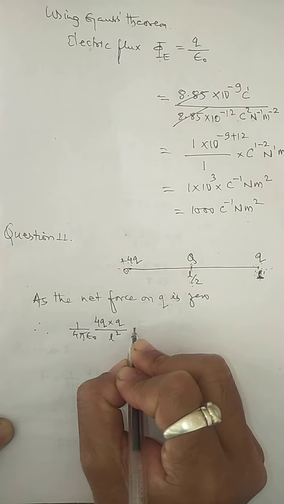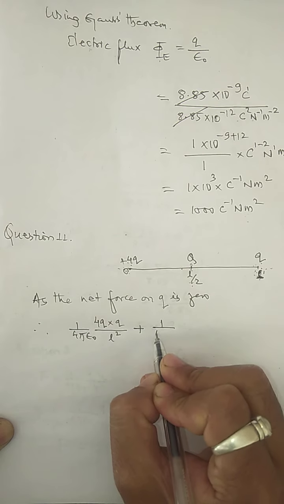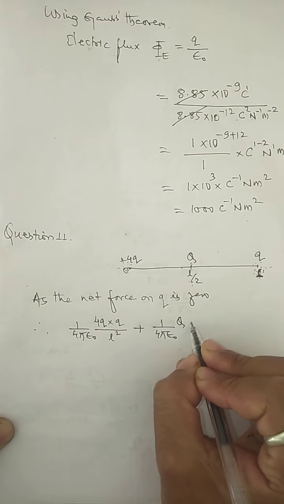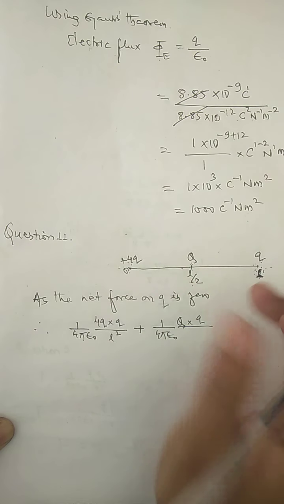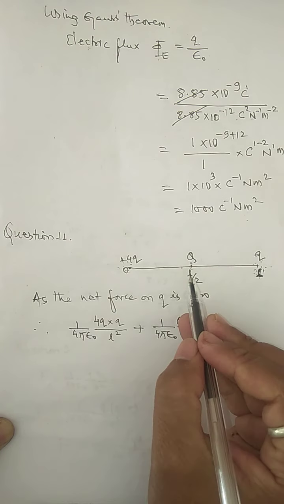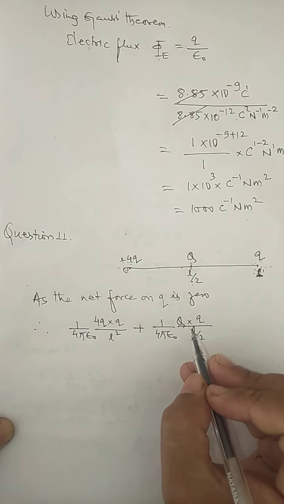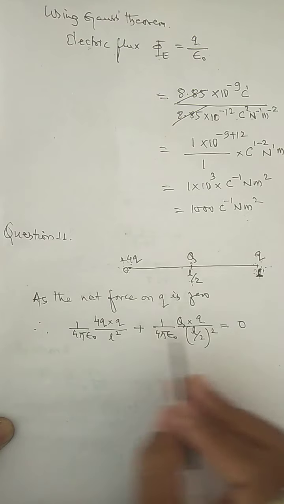Plus the force between the other two charges, again 1 by 4 pi epsilon naught, capital Q times small q, and the distance is L by 2, because this is the midpoint. So L by 2 whole square, equals 0, because the net force is 0.